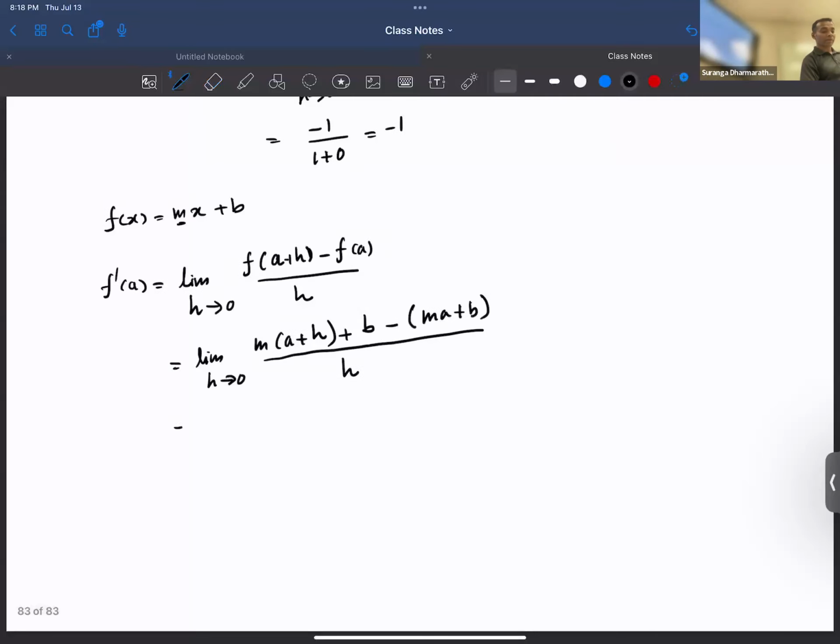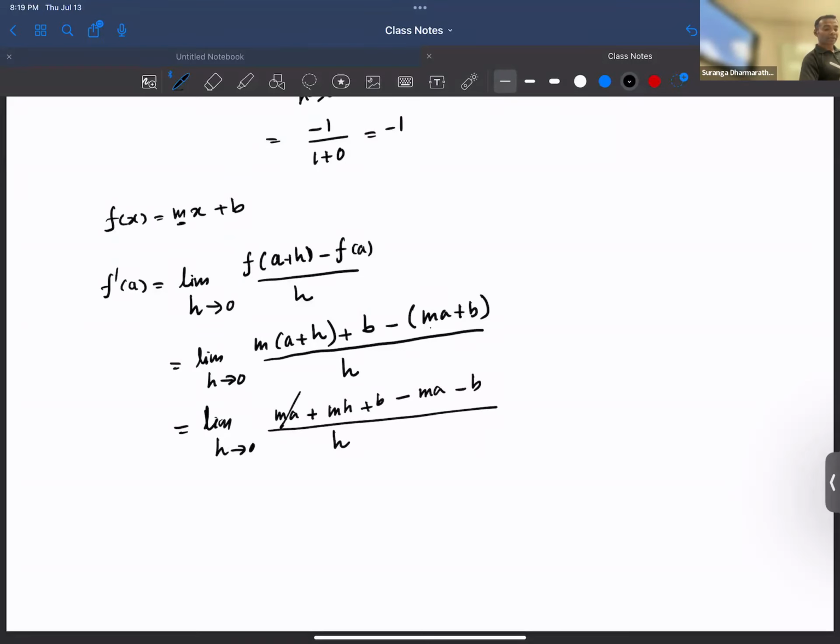Okay. Now what happened? Ma cancels to ma. I will write it explicitly. Limit h goes to 0, ma plus mh plus b minus ma minus b divided by h, right?